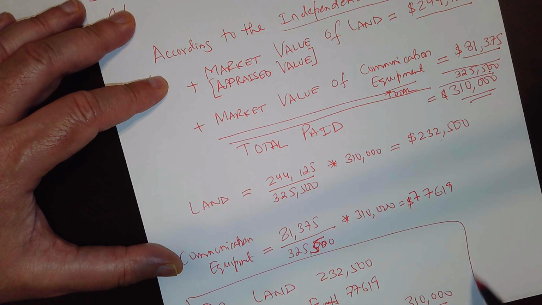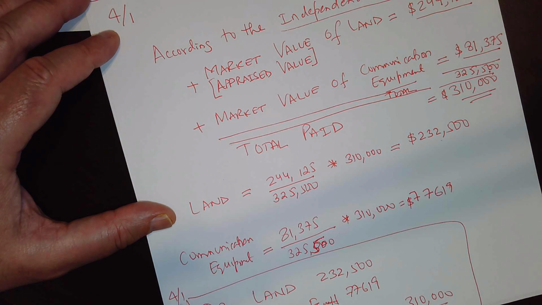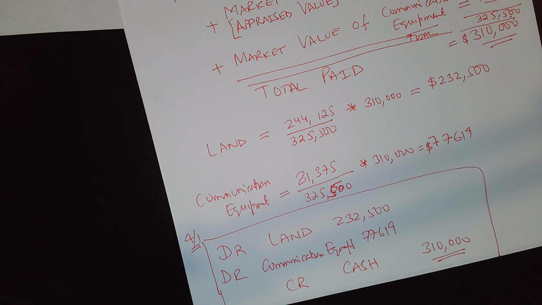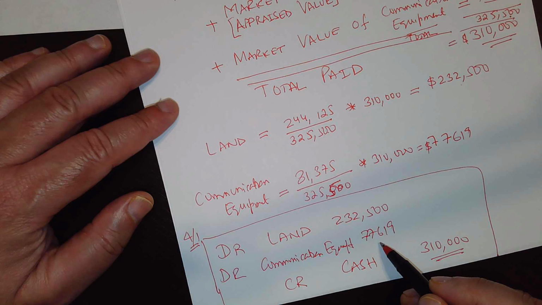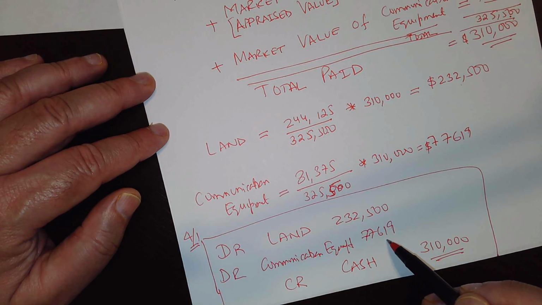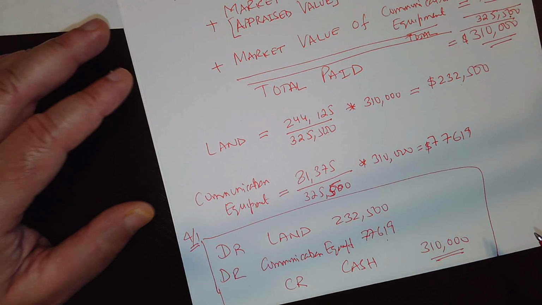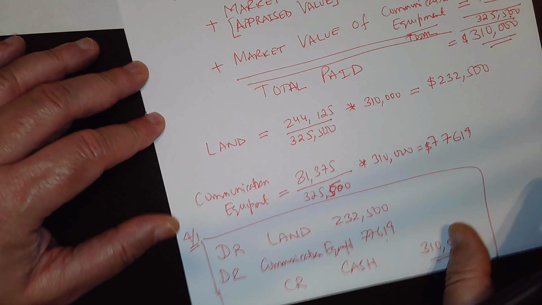So this will be our journal entry on April 1st to book the land and the communication equipment. Again, another reason for doing these two separately is that land is a separate account compared to communication equipment. Communication equipment is a depreciable asset. It's going to be depreciated over the life of the equipment. However, land never gets depreciated. So we move to the second transaction.